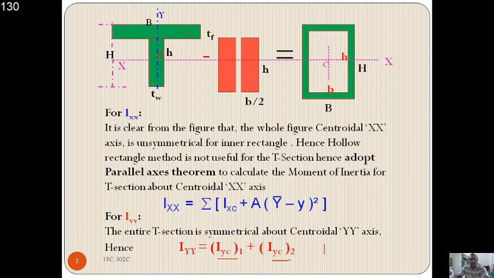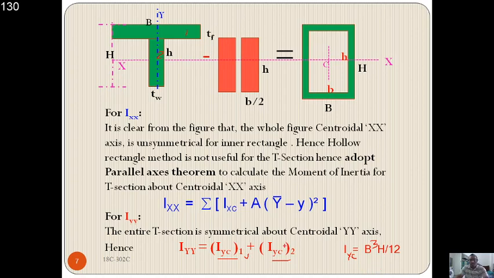Here Iyc is equal to b cube h by 12. So this is the procedure for the Iyc. If this is the 1, you simply substitute the values for 1.